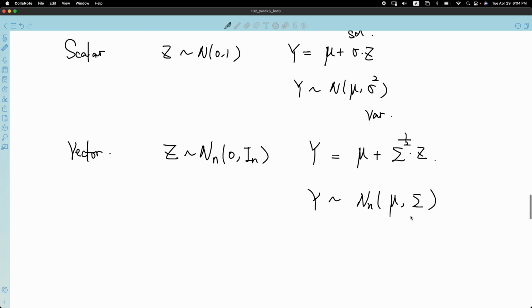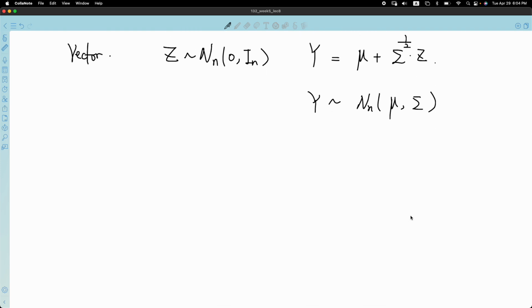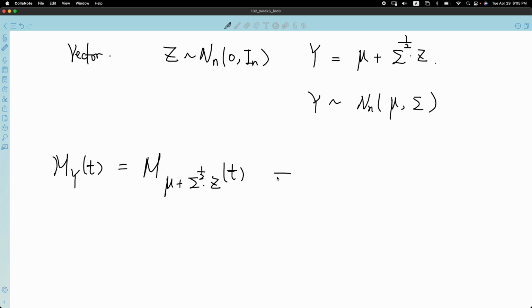Okay, once we introduce this transformation, let's work on the moment generating function for the general normal, where y follows this mu and sigma matrix, vector of t. Now let's replace the y with this transformation: mu plus sigma 1/2 multiplied by z, vector of t. Now let's put it in the definition for the moment generating function.